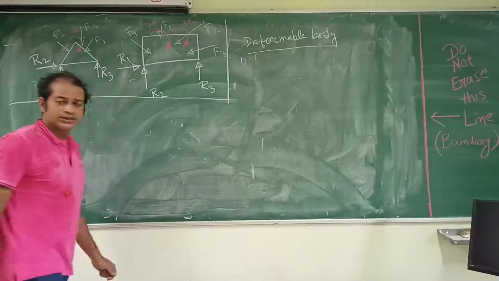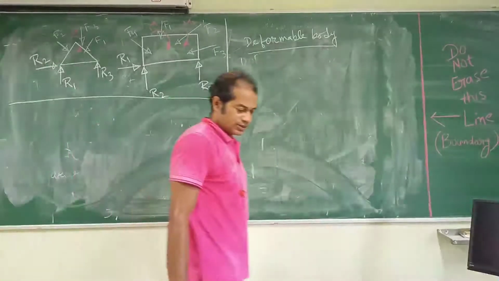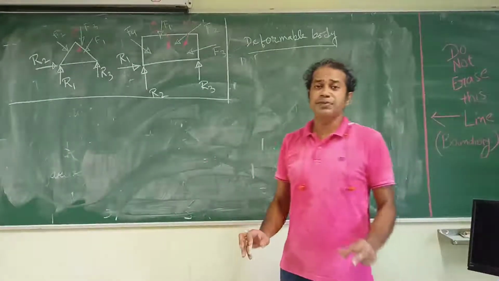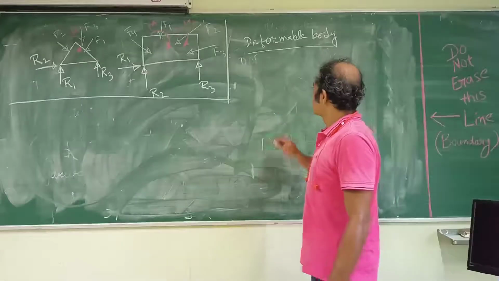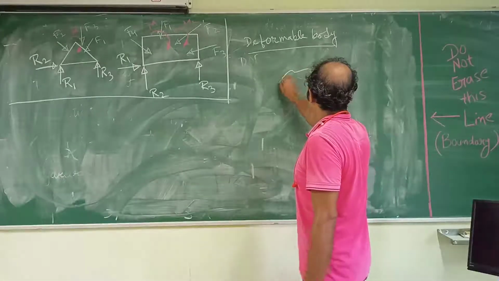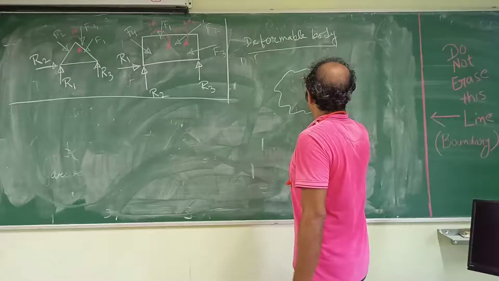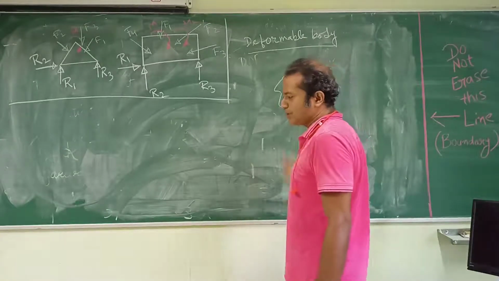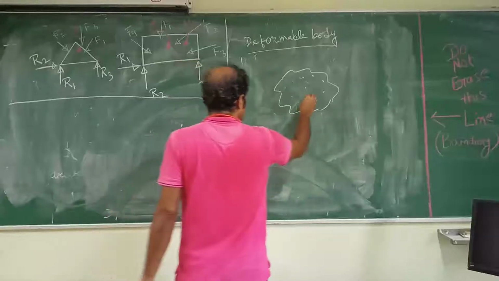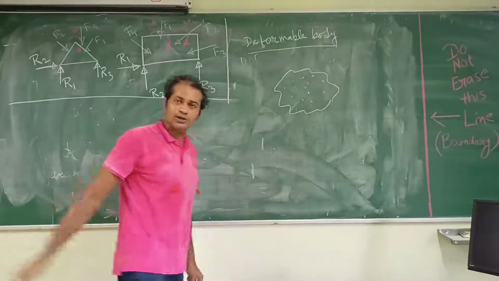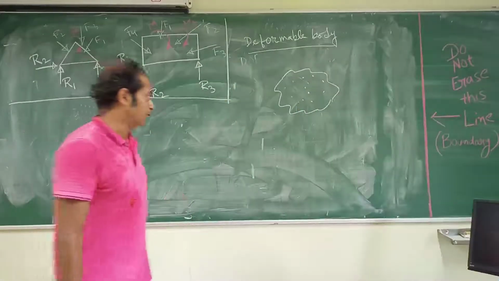For a deformable body, we discussed that there are infinitely many points. If you take any deformable body, it is composed of infinitely many points. You choose any point, and in its vicinity you are also going to get infinitely many points.